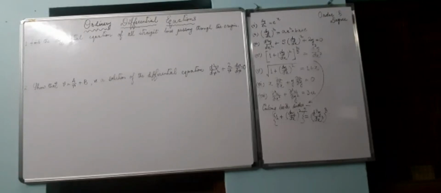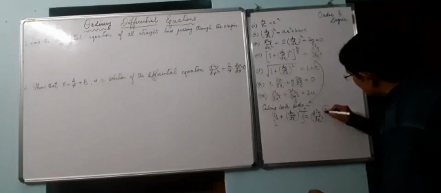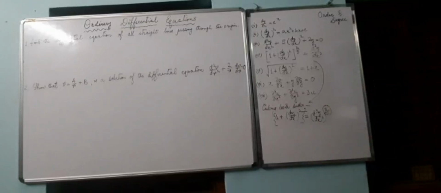In this equation the highest derivative is d cube y by dx cube, which is of third order. The index of the highest derivative is 3, so 3 is the degree of the differential equation also.